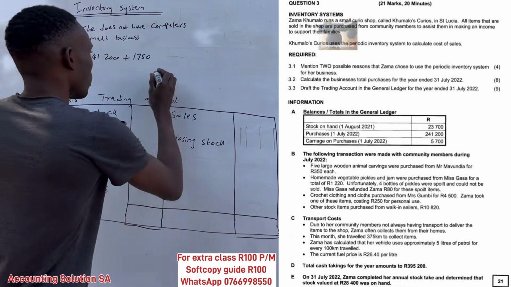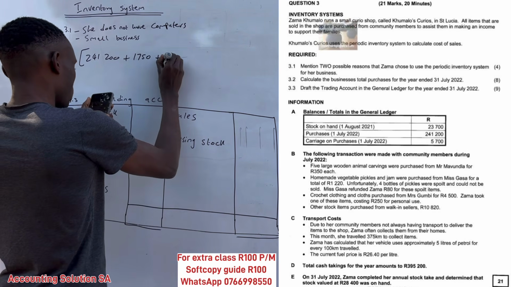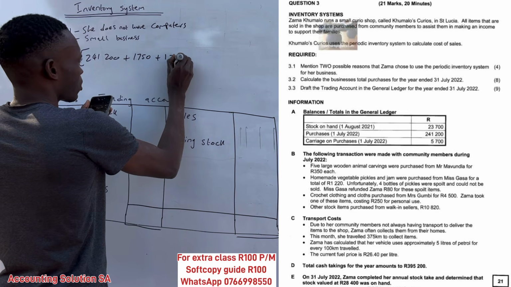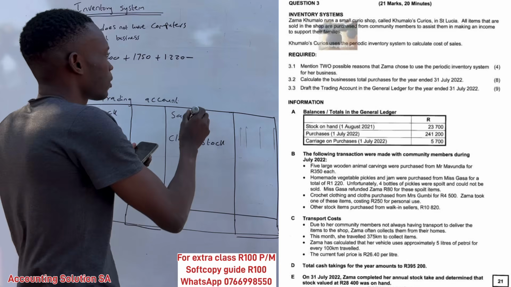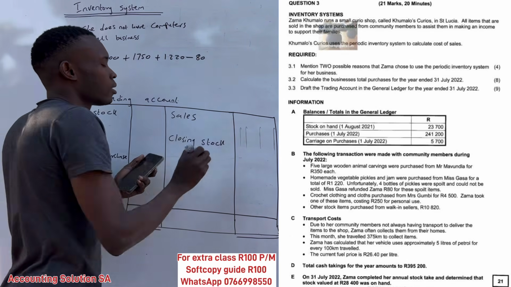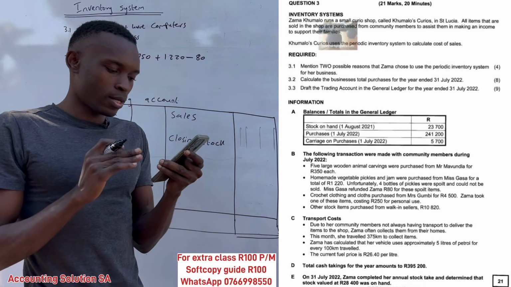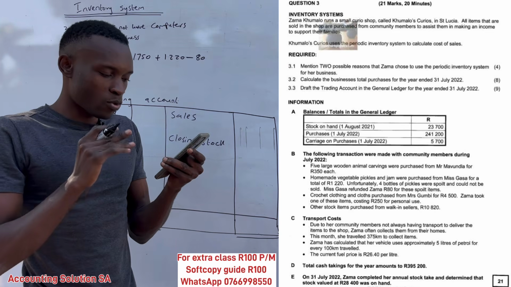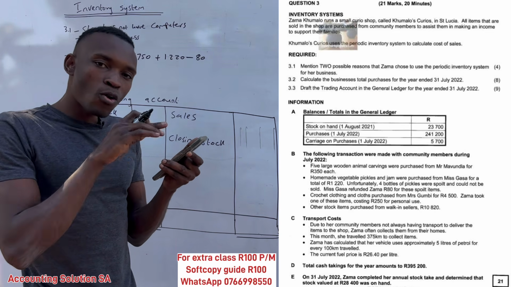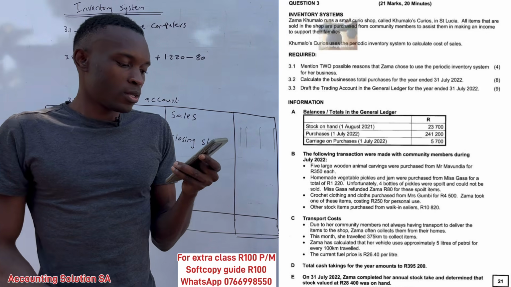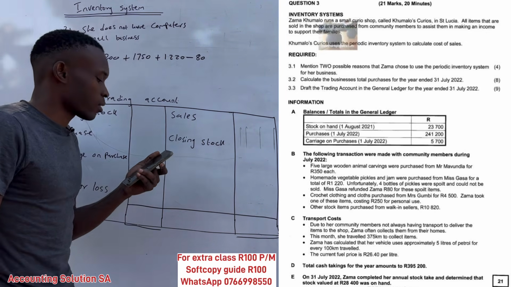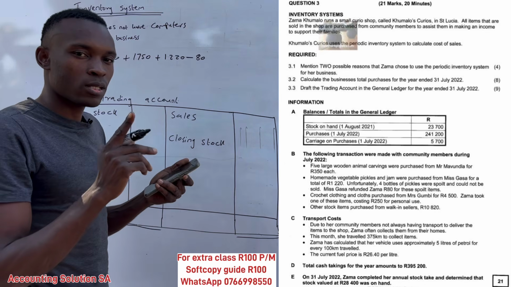Okay, firstly we must add what was purchased, which is 1,220, but she refunded, which we have to subtract. She refunded 80 rand. This 80 rand is not for each. They said for this, which means that for all 4 spoiled items, she refunded 80 rand. Okay, which means that one was costing 20 rand.